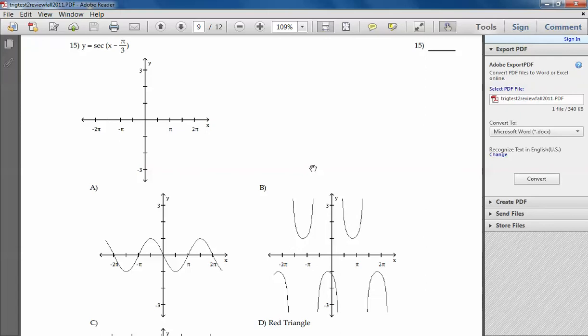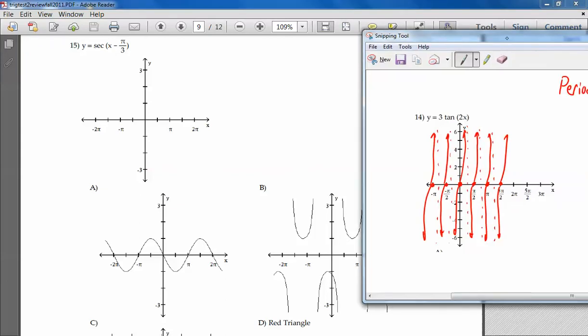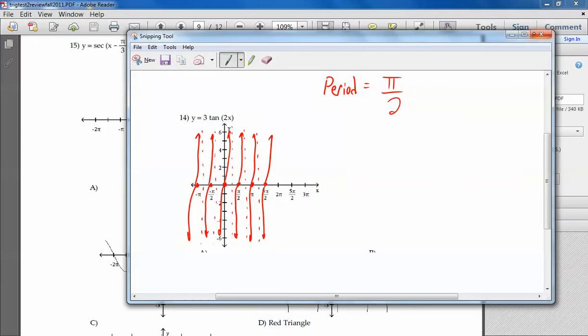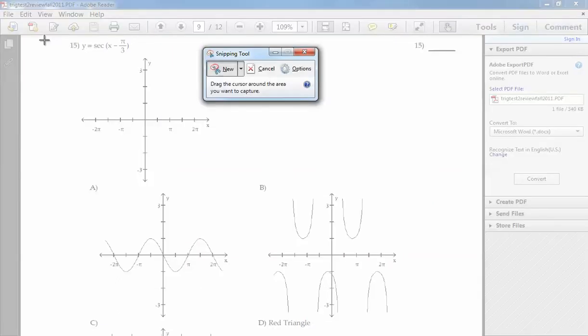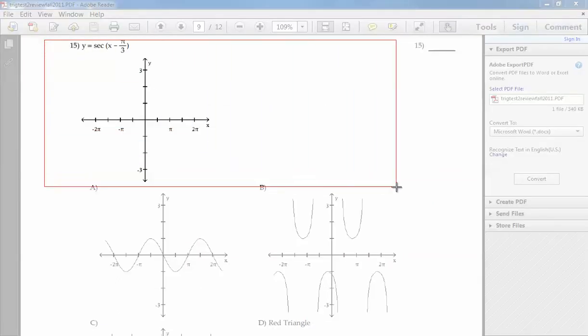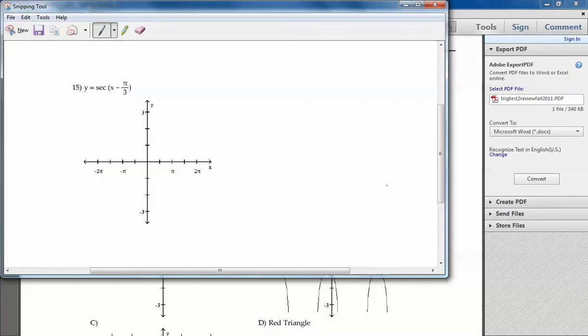Alright, number 15, we want to graph y equals secant of x minus pi over 3. Notice that you're graphing secant.